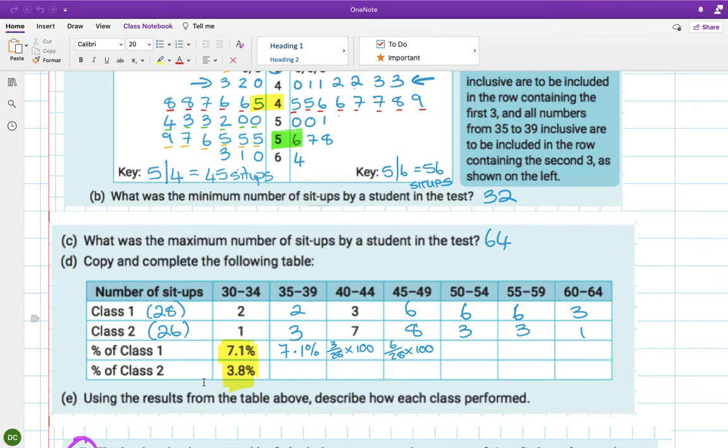3 over 28 multiplied by 100 is 10.7%. 6 over 28 times 100 is 21.4. Same again, 21.4. Same again, 21.4. They're all 6s, so I don't need to do it. And then 3 I've done already is 10.7.